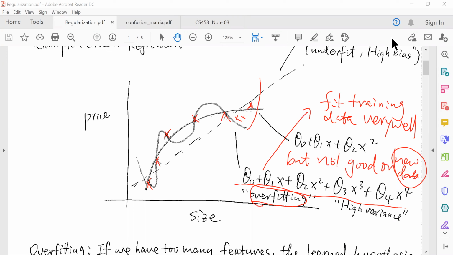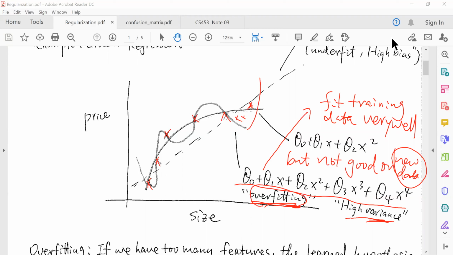Is it new testing data or prediction data? That's why we call it overfit. And generally overfit is caused by high variance.